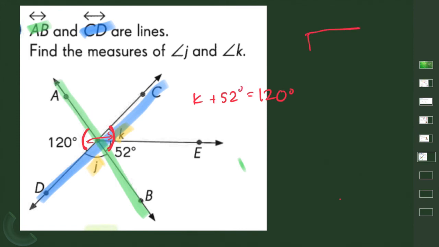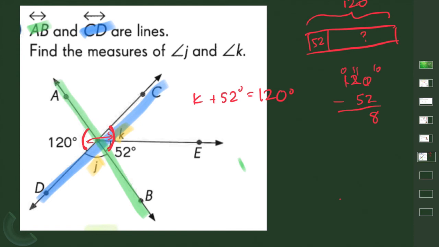So if we were thinking about this as a part whole, that whole angle has to have a measure of 120 degrees. The part that we know is 52. The unknown amount is going to be the measure of angle K. And so to figure that out, we just have to subtract 52 from 120. And so that gives us 68. So angle K must be 68 degrees.